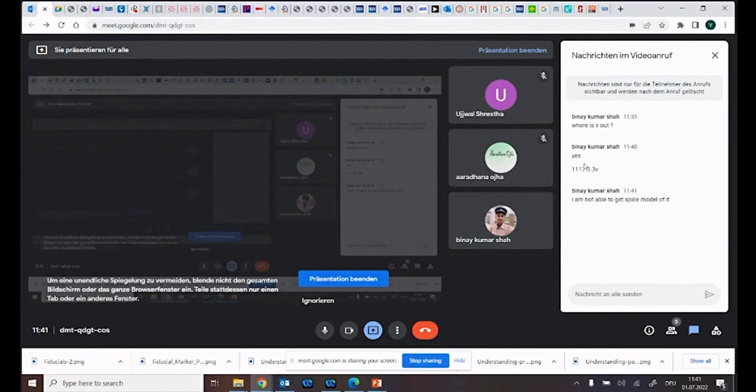Yes, what about this? So this is the LDO regulator.